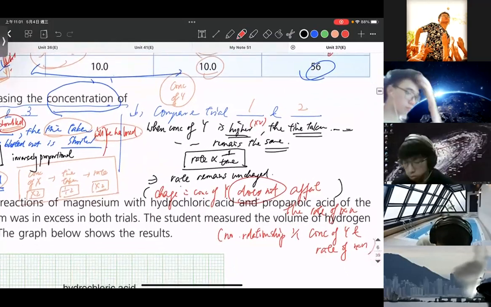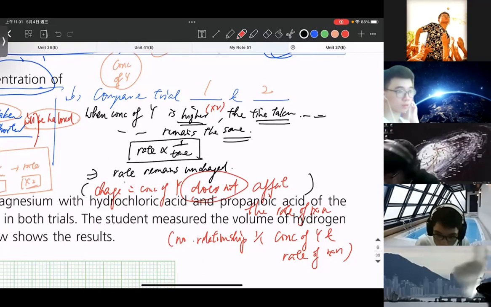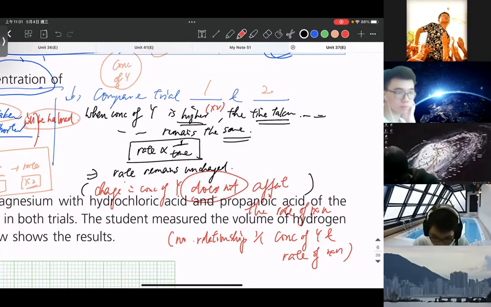You can have some cases in which, irrespective of the change in concentration of a certain reactant, the rate of reaction still doesn't change. There is some reason behind it. We will know it in industrial chemistry in Form 6.